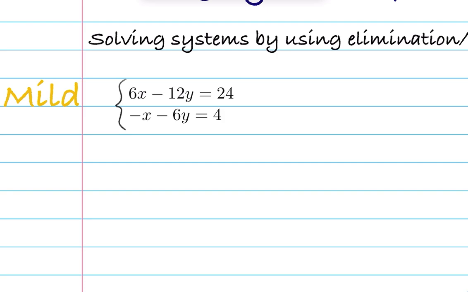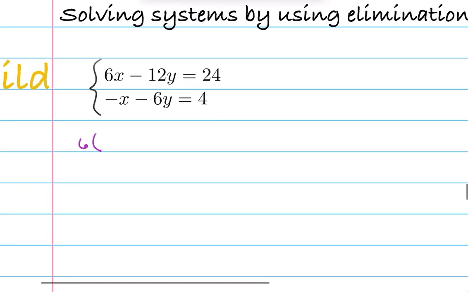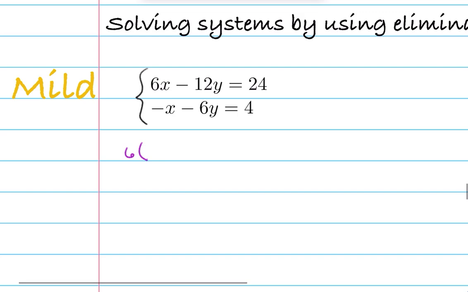So that's exactly what I'm going to do. I'm going to take this 6 and multiply it through the negative x minus 6y equals 4. And just a reminder, if you multiply one half of your equation through by a number, you have to multiply the other half of your equation through. That's why I have the parentheses around the entire equation.